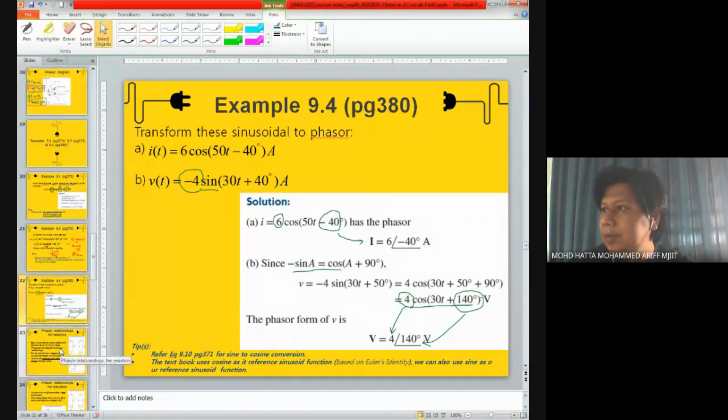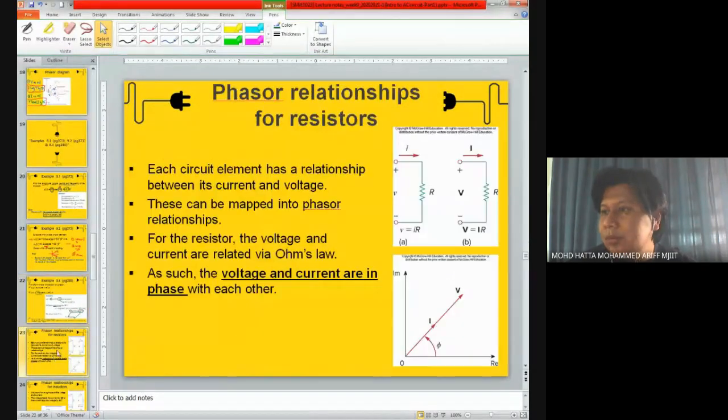We finished example 9.4. You can see the details in the textbook. Next, the phasor relationship for resistors. Consider an AC circuit consisting only of a resistor.